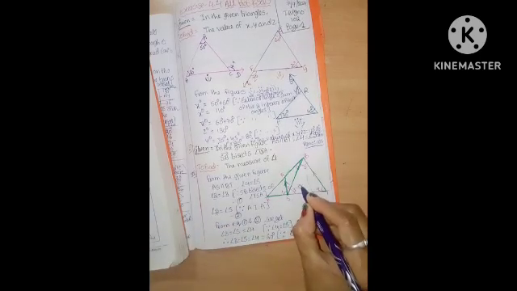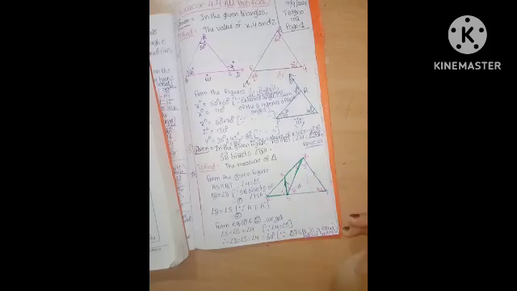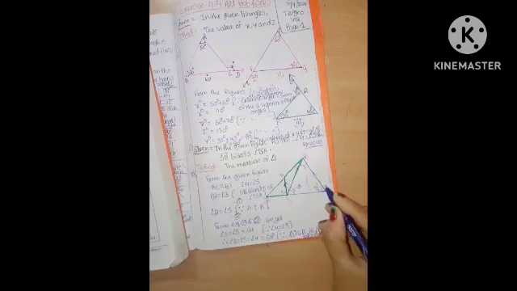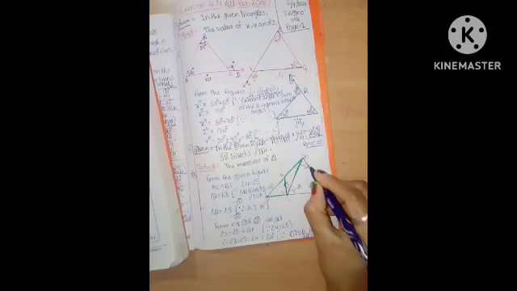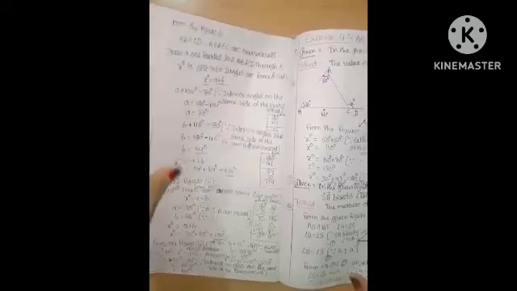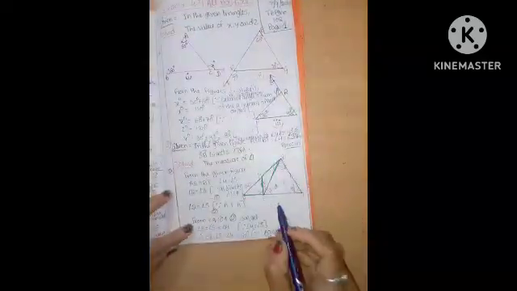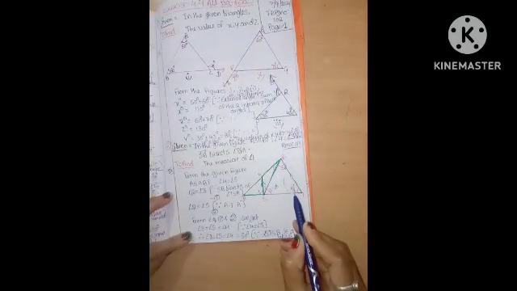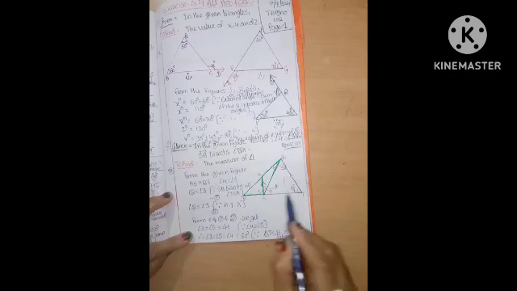So this is 60 degrees, this is also 60 degrees, and this is also 60 degrees. Each angle is 60 degrees. So from this figure, angle 1 is equal to angle 4. Why is it equal?